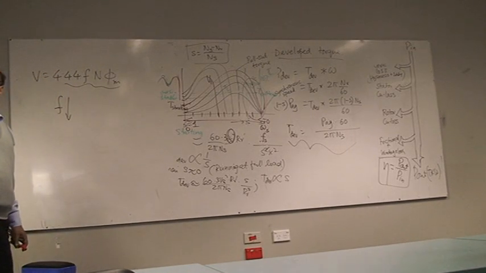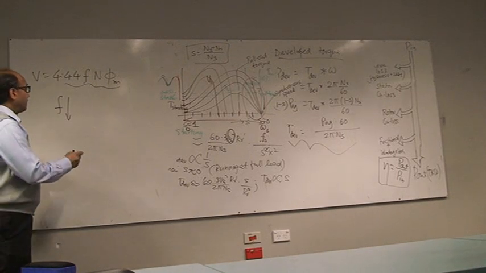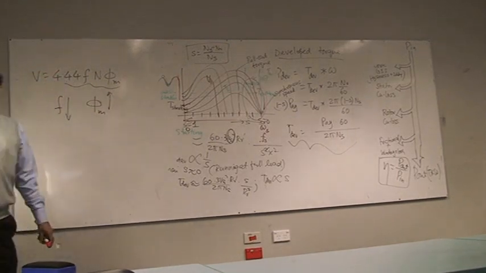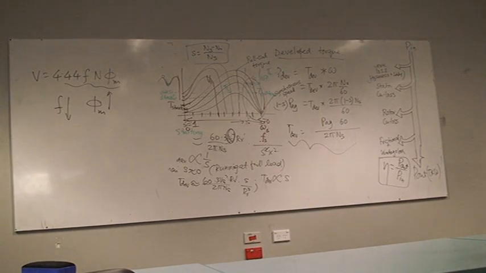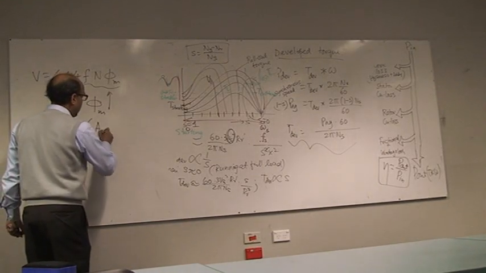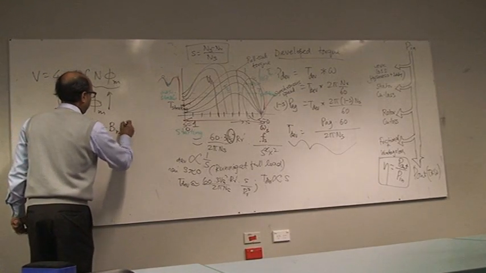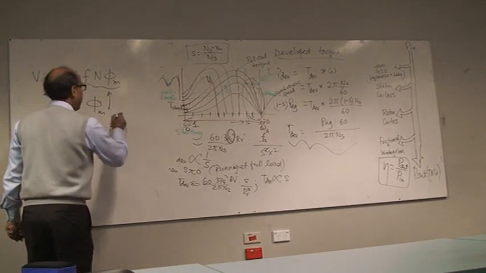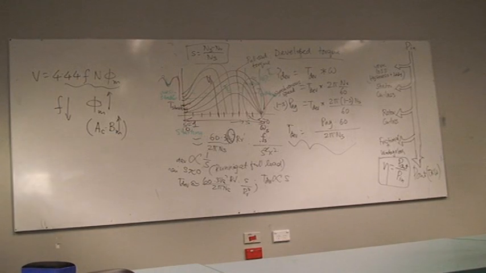The flux changes. Phi will increase. So what is the meaning of phi? It's magnetic flux, so it is the core area times the maximum Bm. Core area remains constant, so the Bm changes.